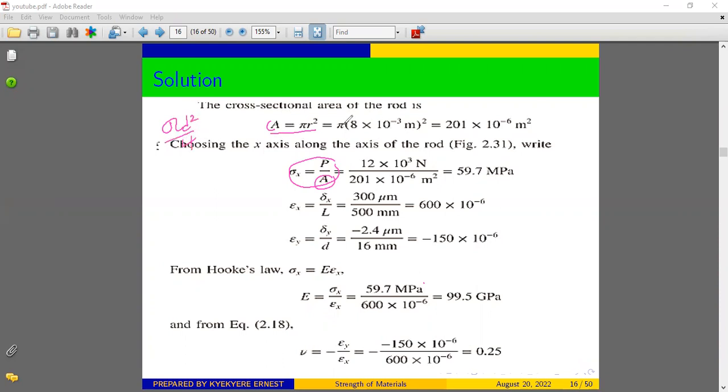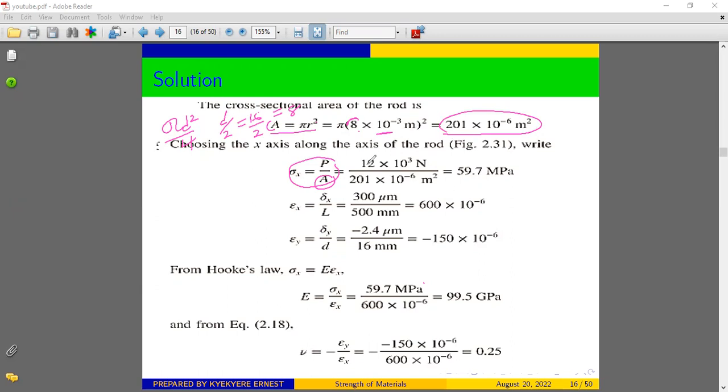In the question, we have been given the diameter as 16, so our radius is d over 2, which is 16 over 2, and that is going to give us 8. And that is what we have here. We change to meters, and this is going to be our overall area.